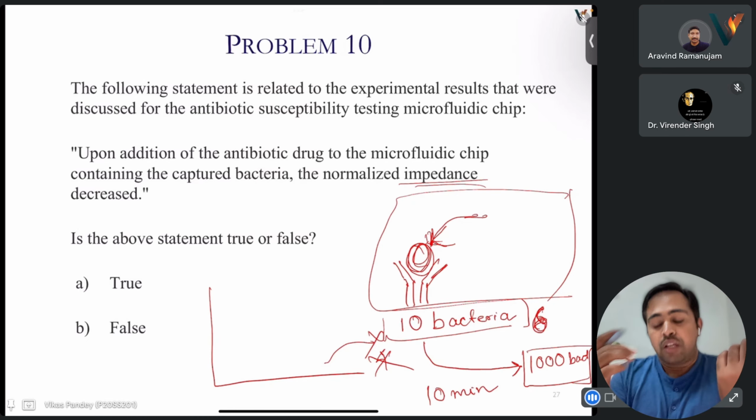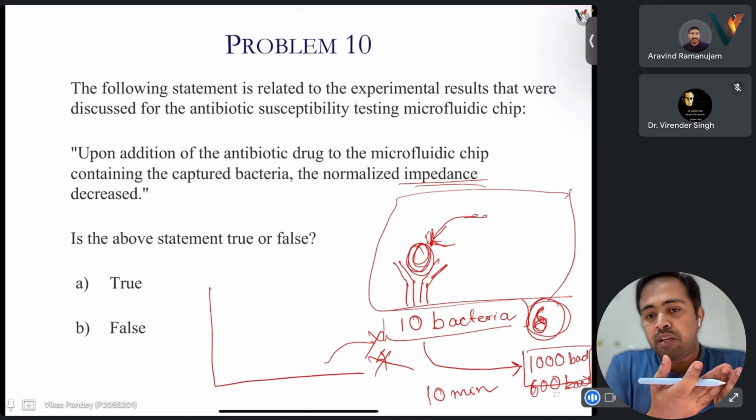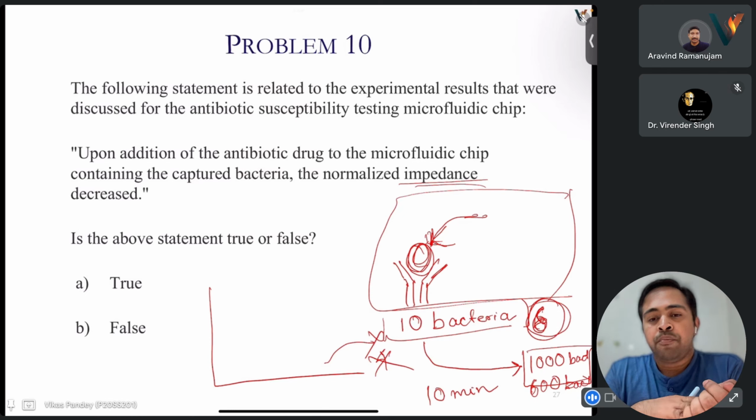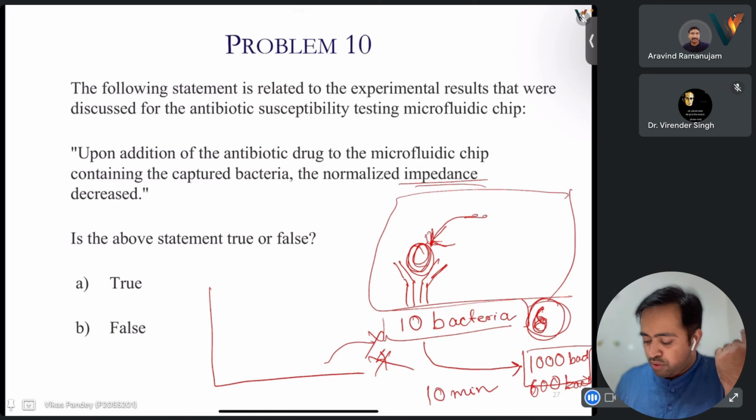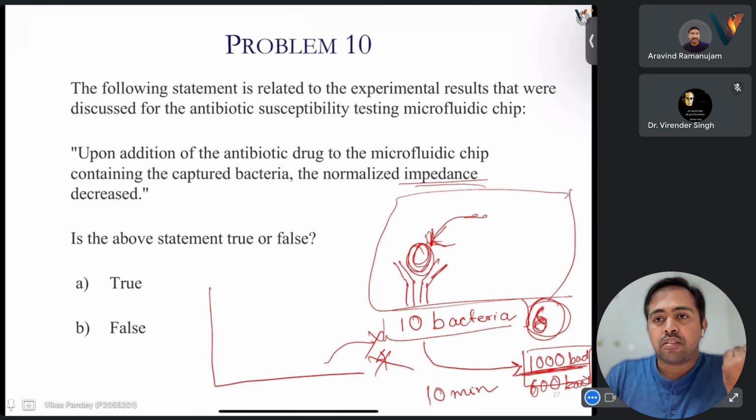Let's say 600 bacteria are there, because now the starting point was 6 instead of 10 bacteria, since our drug killed 4. So compared to 1,000, will we have lower or higher charge?